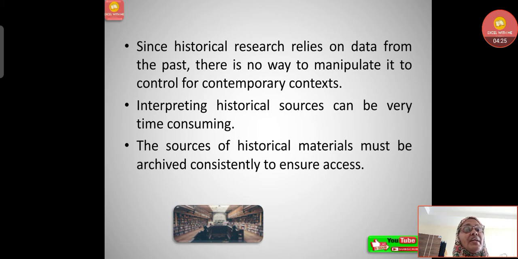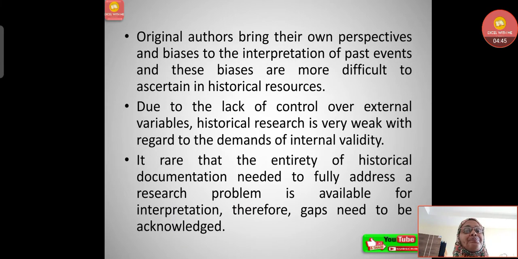Then interpreting historical sources can be very time consuming. Obviously you have to bring so much data of the past, it will take so much time. The sources of historical materials must be archived consistently to ensure access. Original authors bring their own perspectives and biases to the interpretation of past events, and these biases are more difficult to ascertain in historical resources.